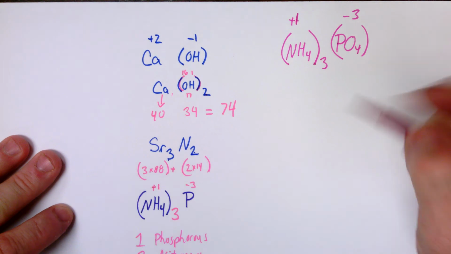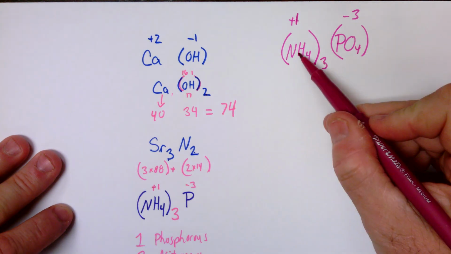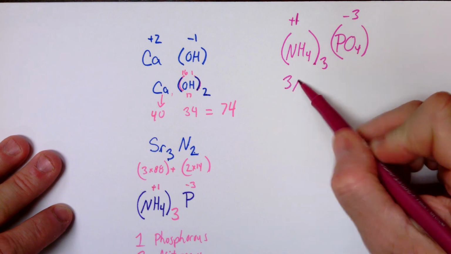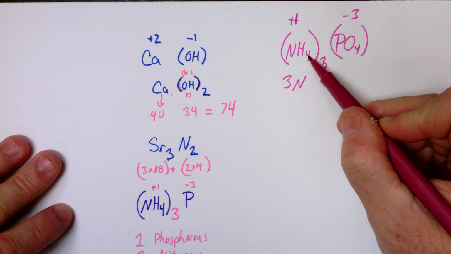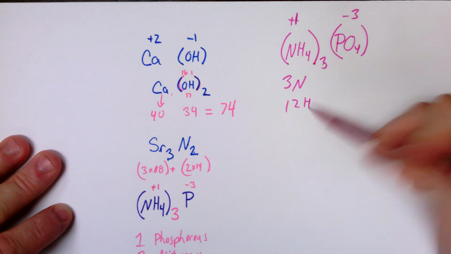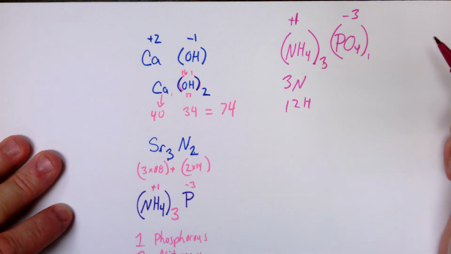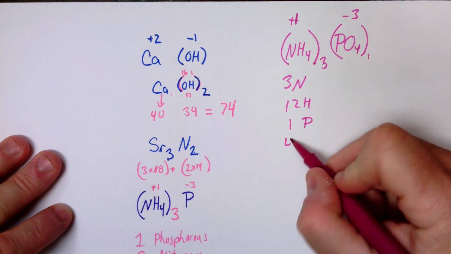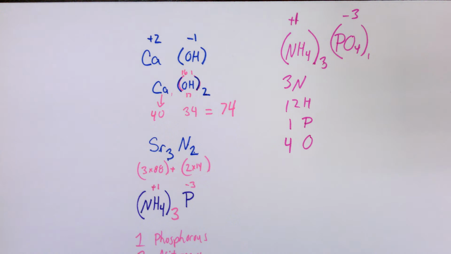Well, I've got 3 of whatever's in this parentheses. Well, what's inside the parentheses? 1 nitrogen. So I have 3 nitrogens, 3 times 4, 12 hydrogens. This is understood to be a 1, so I have 1 phosphorus, 4 oxygens.